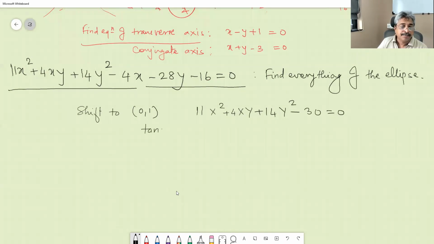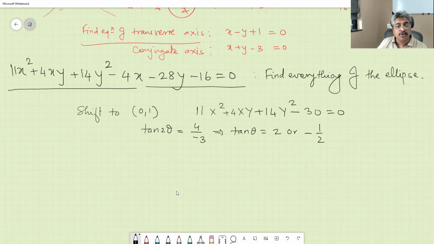Tan 2 theta comes out to be 4 upon minus 3, implies tan theta is equal to 2 or minus half. Here you have to use tan 2 theta formula and solve that quadratic to get tan theta.